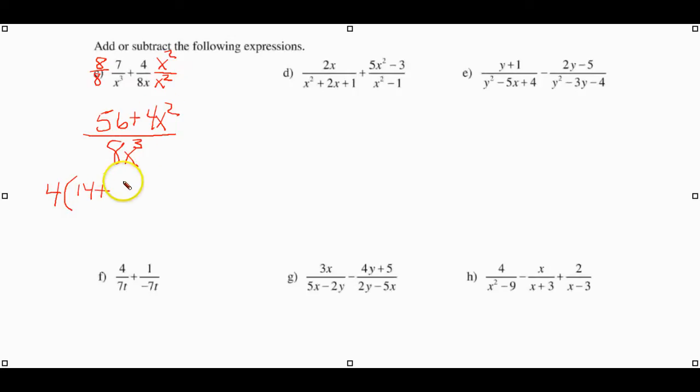A 4 out of there, this becomes x to the second. And this is all going to be over 4 times 2x to the third. So we're taking out a common 4 from both the numerator and denominator. These then cancel out, and this is our final answer.